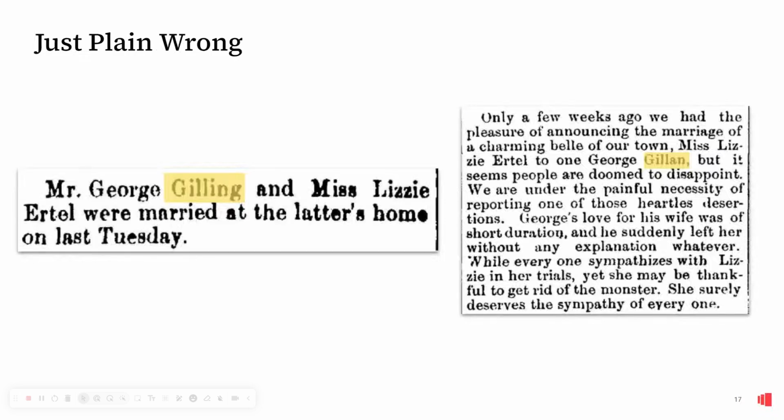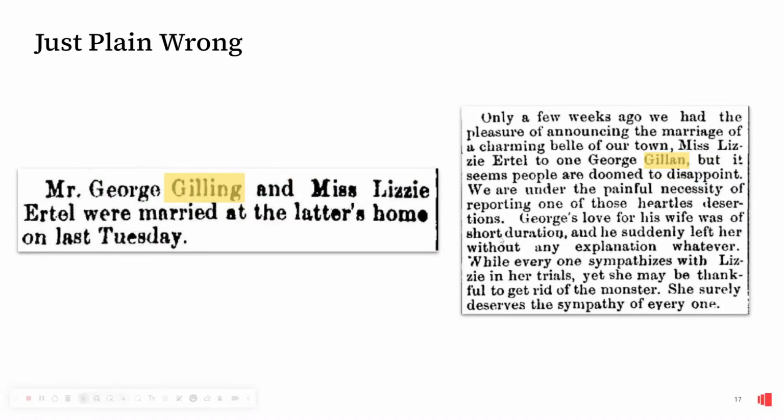And then one of my favorites is just plain wrong. Sometimes these are just so hard because you find these by accident, and in this particular instance, for both of these articles, I was lucky because I found the Lizzie Ertl ancestor and the marriage because I found Lizzie Ertl, and you can see she's in both of these articles, but her husband, or who she was marrying, is showing up wrong.